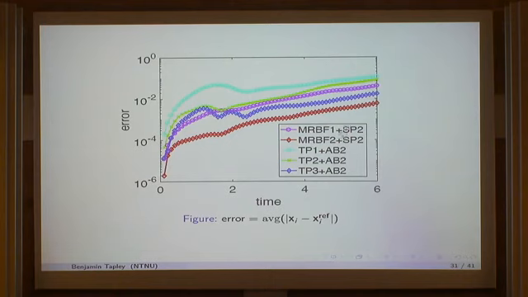And again, MRBF2 is better than tri-polynomials, or tricubic polynomials. Here I've measured the error as the difference between the reference solution and the numerical solution, averaged over the 1,000 particles in the ring.